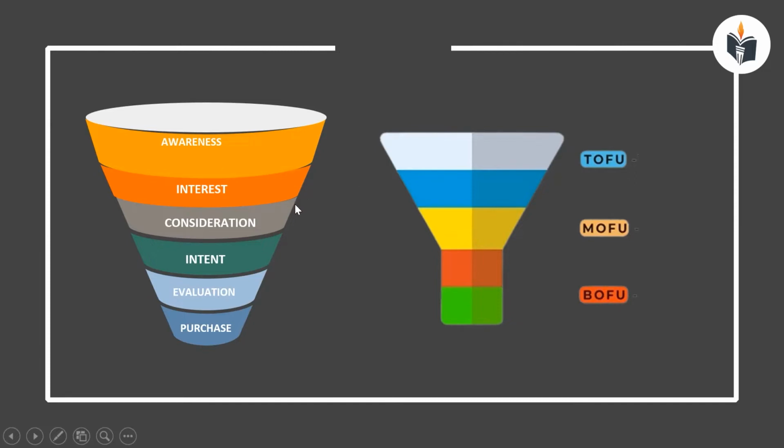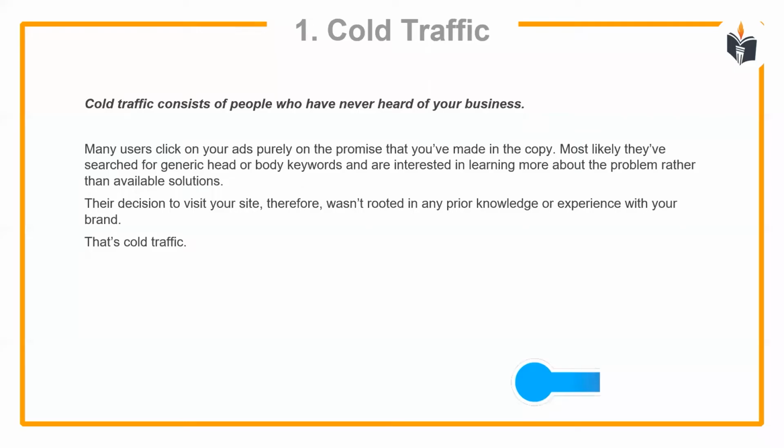Awareness and interest come in the top of the funnel, consideration and intent come in the middle of the funnel, and evaluation and purchase come in the bottom of the funnel. Now you have to remember this as we go ahead on the topic.